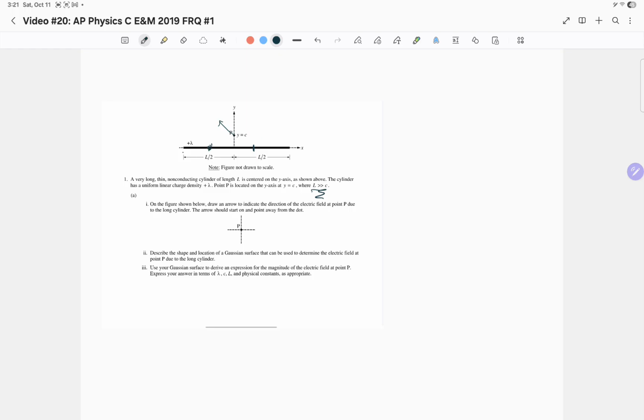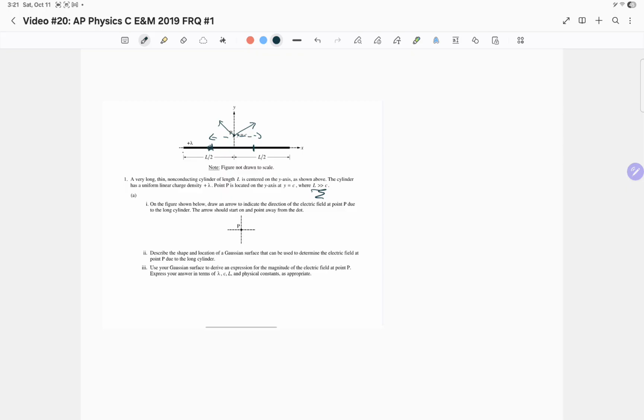Now, if we look at a little bit of charge on the other side, it's going to cause an electric field in that direction. If we were to integrate, if we were to work out the math, we would see that for every pair of little charges on the rod like this, the x components go in opposite directions. You see that? So they're going to cancel out.